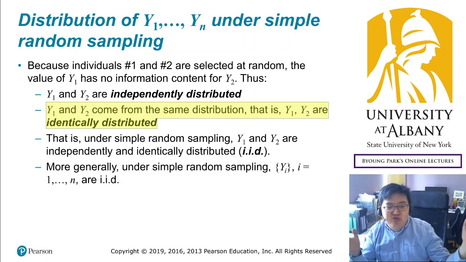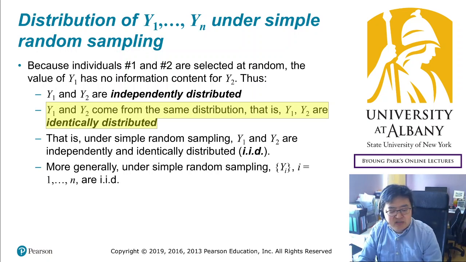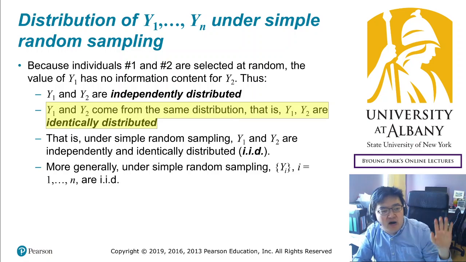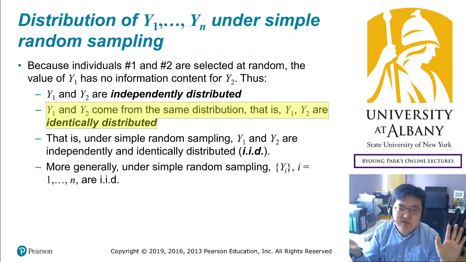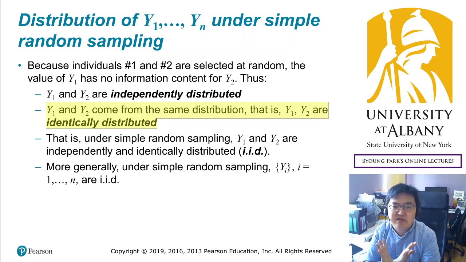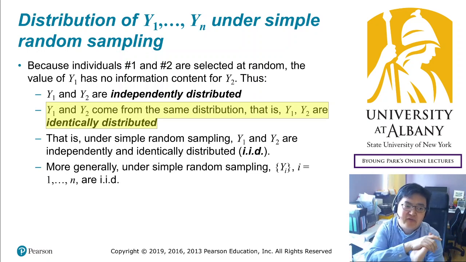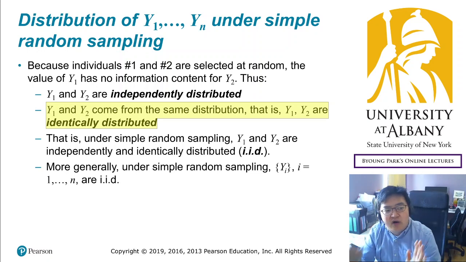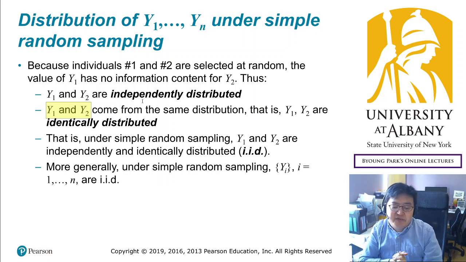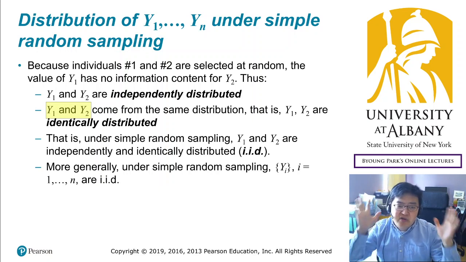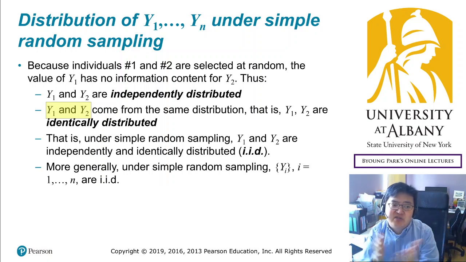Suppose your target is man, but if your sample includes a woman, it's wrong because the woman's distribution may be different from man. Your random samples must be identically distributed. They must be of the same nature, or must be from your target population.